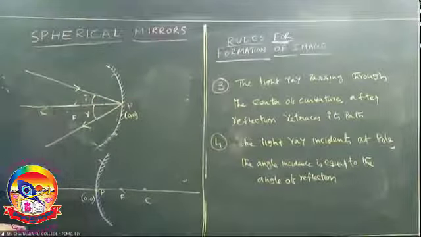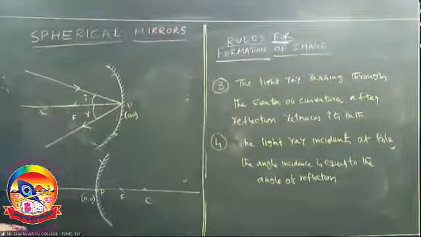Once again, a small mathematics concept. When the angles are very, very small, sin theta can be taken as theta, cos theta is taken as 1, and tan theta is equal to sin theta, which is equal to theta.